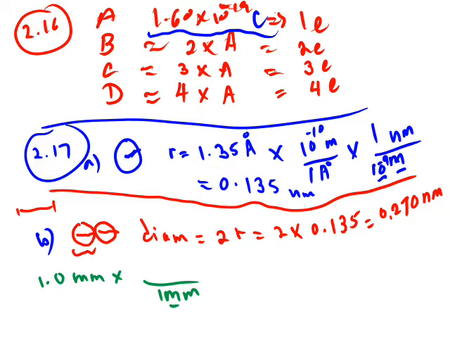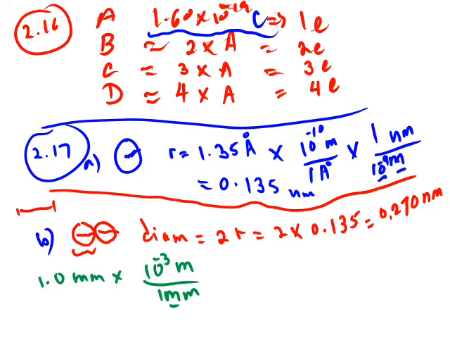So 1 millimeter is 10 to the negative 3 meter. Let me double check this. The top number is millimeter, 10 to the negative 3 meter. That way you're not going to write down 10 to the negative 3 at the bottom, which is a very common mistake in this kind of problems.